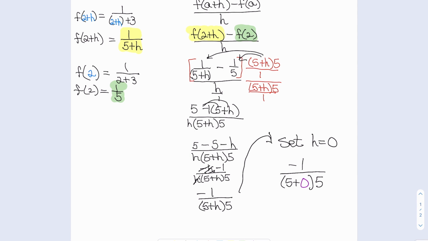So I end up with an instantaneous rate of change of f of x equal 1 over x plus 3 when x is 2 coming out to be -1 over 25. And that's how you find the instantaneous rate of change of a rational function at a specific x value.